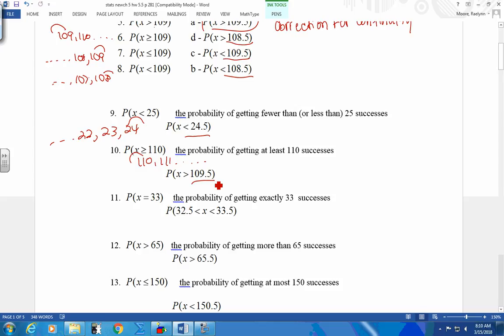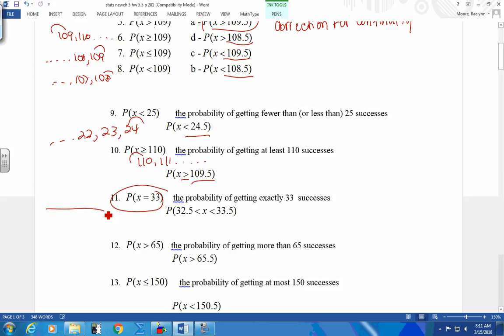Now, Lily asked before, what do I do with this greater than sign? I usually tend to put, if it was there, I put it there. Doesn't affect it at all because you'll never hit a 0.5, but it might just remind you of, I took that out of the book, but it might just remind you of the original equation. This one's a little different.